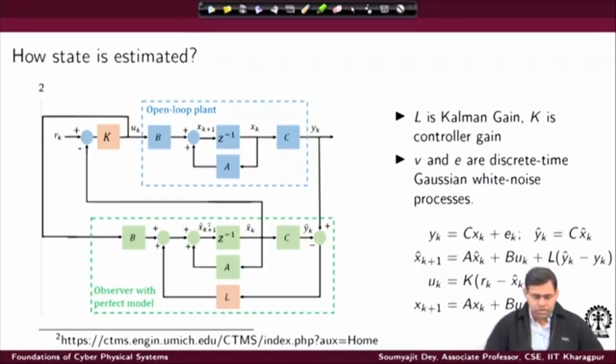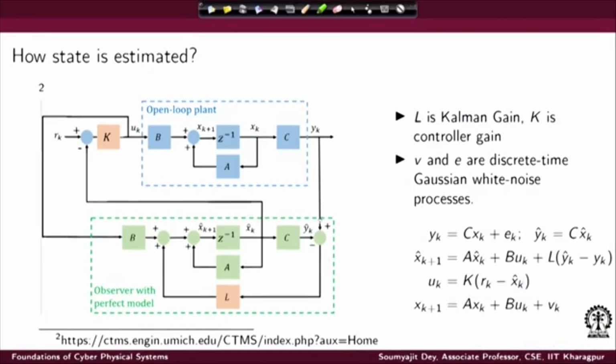So, if this is the estimate xk plus 1 based on the previous estimate, then what we can write is xk plus 1 hat is equal to A xk hat plus B uk plus L multiplied by this difference, that is the error between yk and the measurement estimate yk hat that the observer can generate.